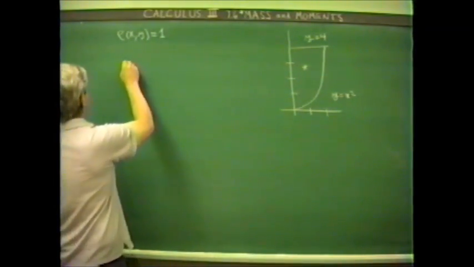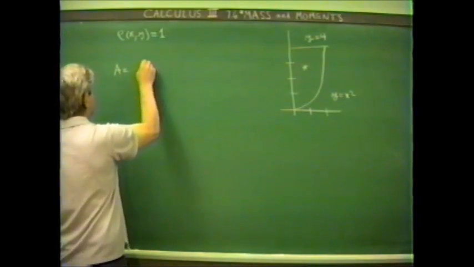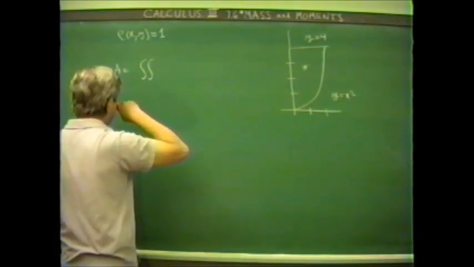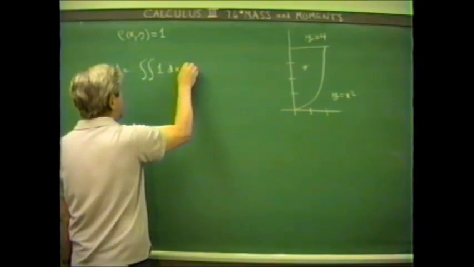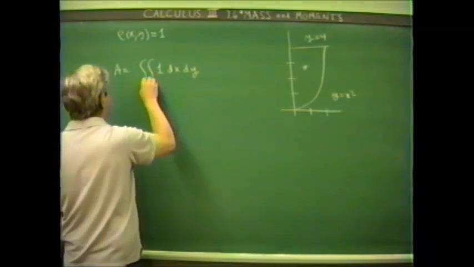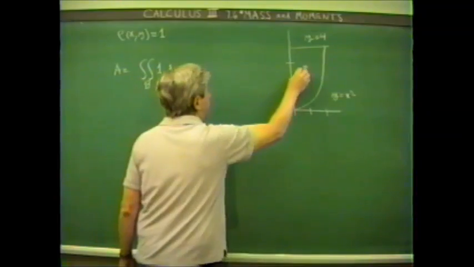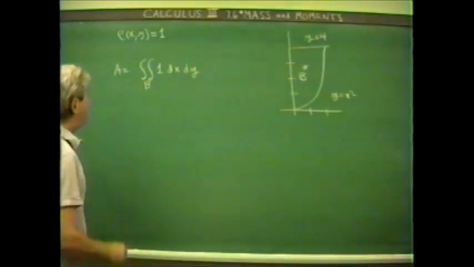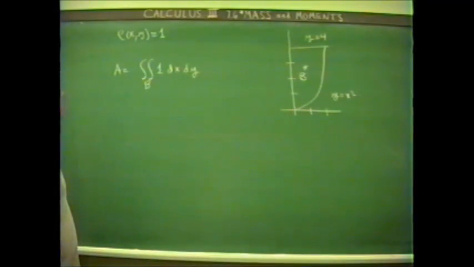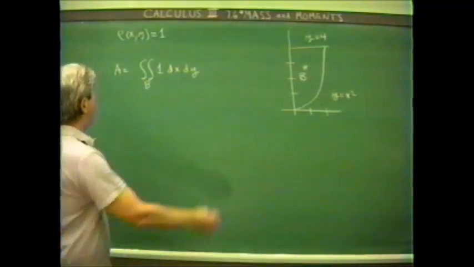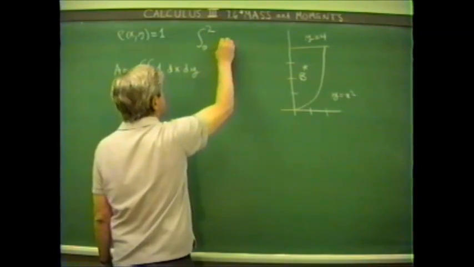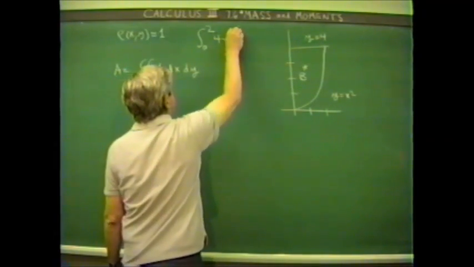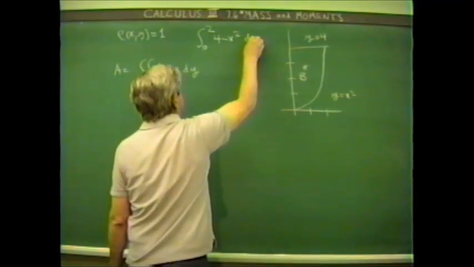The area is equal to the double integral of 1 with respect to x and then with respect to y over this region B. This is exactly what you get if you integrate using calculus 1 methods: to find the area, you would integrate from 0 to 2, for example, 4 minus x squared dx.